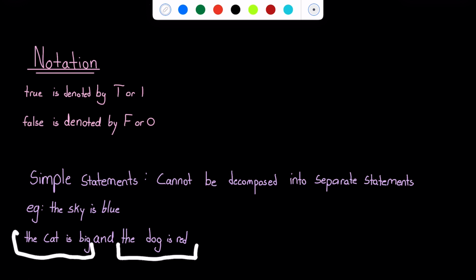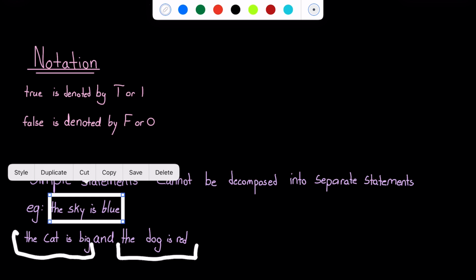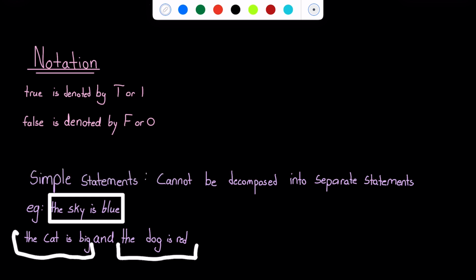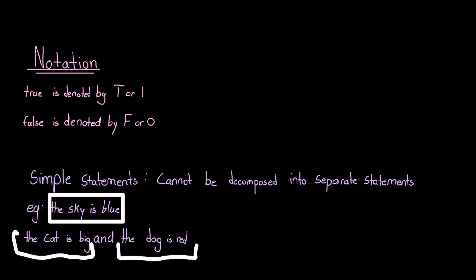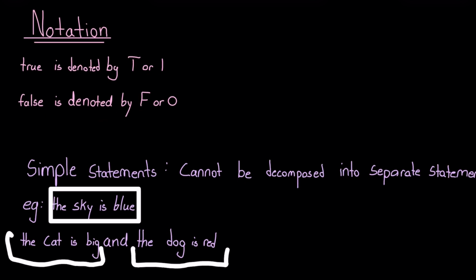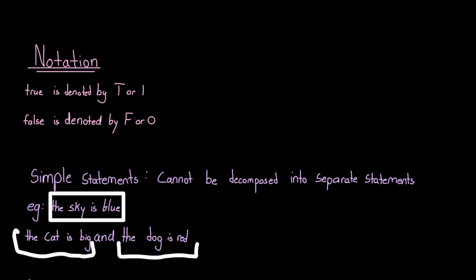Instead, something like the sky is blue, well, there's no conjunction, there's nothing suggesting it should be more than one sentence. It's just one sentence. Without everything in the sentence, it wouldn't be a sentence. So, well, that sounds kind of confusing. But yeah, this sentence, the sky is blue, cannot be separated, can't be broken down. Not like the cat is big and the dog is red. So that is what a simple statement is. Now, you probably won't be asked to list a definition or anything like that. It's just something that's nice to know.